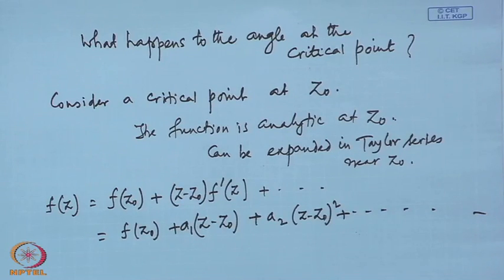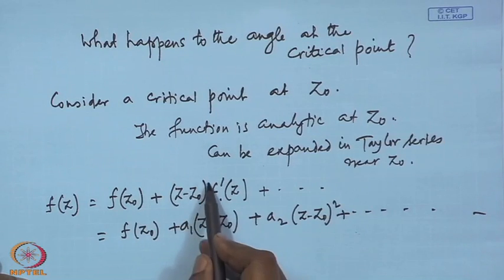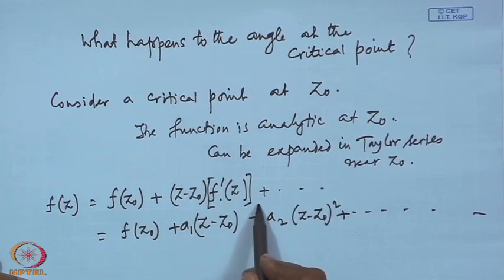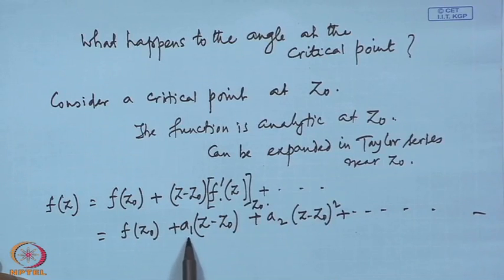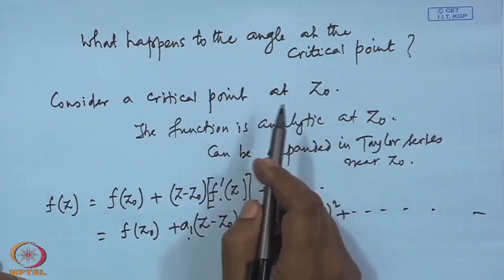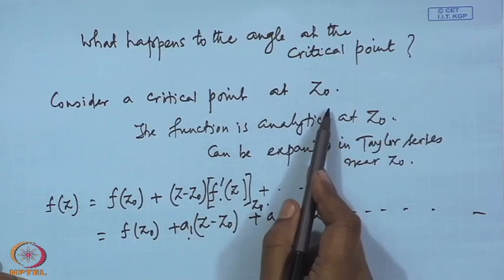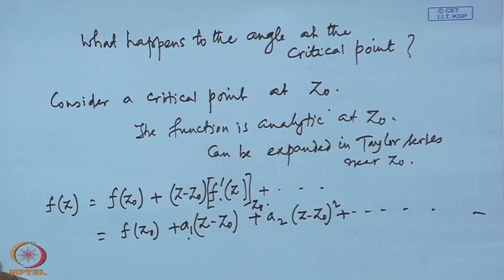Now, since z naught is a critical point, we can clearly say that A1 is basically 0, because df dz at z naught is 0, meaning A1 is 0, because that is what f prime is. What is our A1? A1 is this f prime at z naught, and since we have a critical point at z naught, A1 is 0.